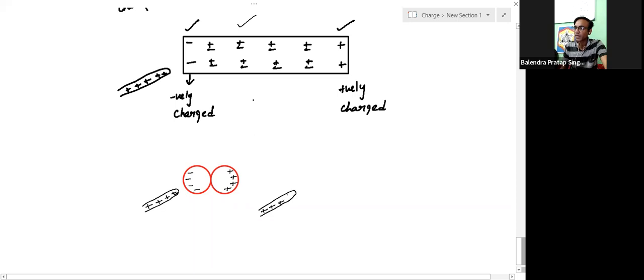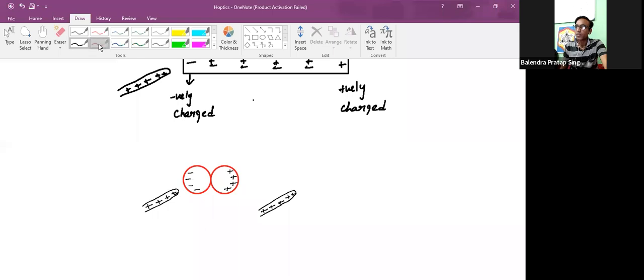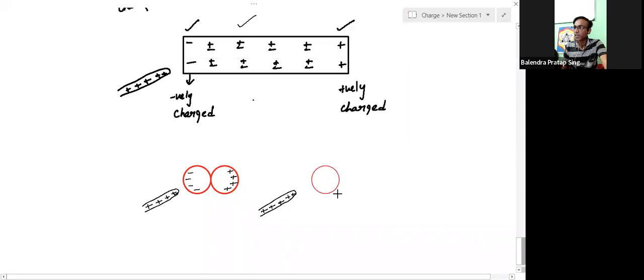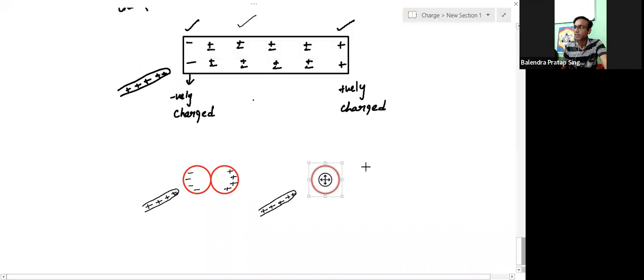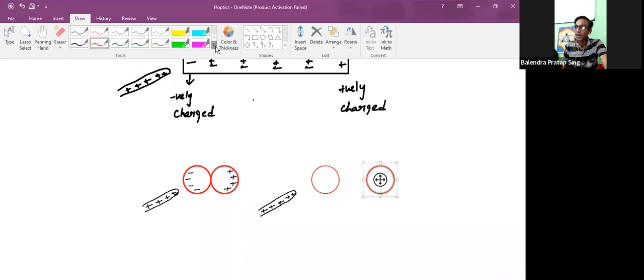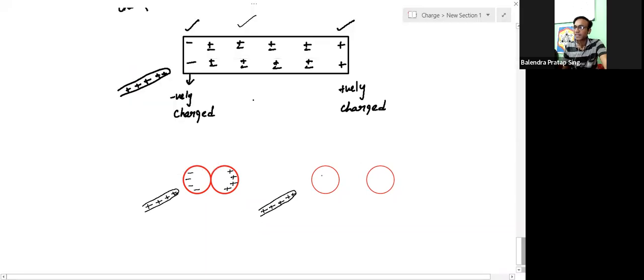I keep my rod close to one sphere, and I detach these two spheres, the first one and this is your second one. Now one sphere is totally negatively charged, and the other sphere is positively charged.